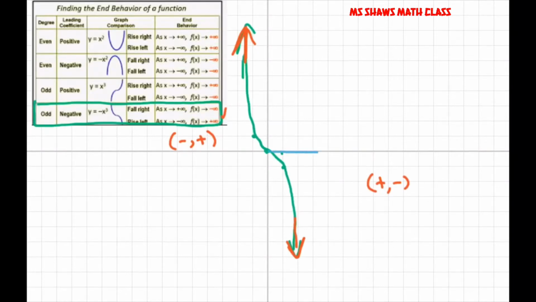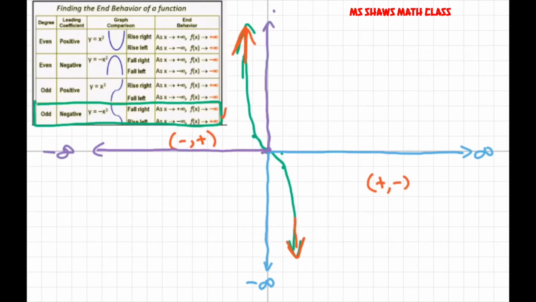Therefore, as x gets larger and larger, like if you look at a table of values, as your x becomes bigger, your y gets smaller. It's going down, gets negative numbers. As x goes smaller here, your y, or your f of x, gets larger. So basically we're just looking at our end behavior.